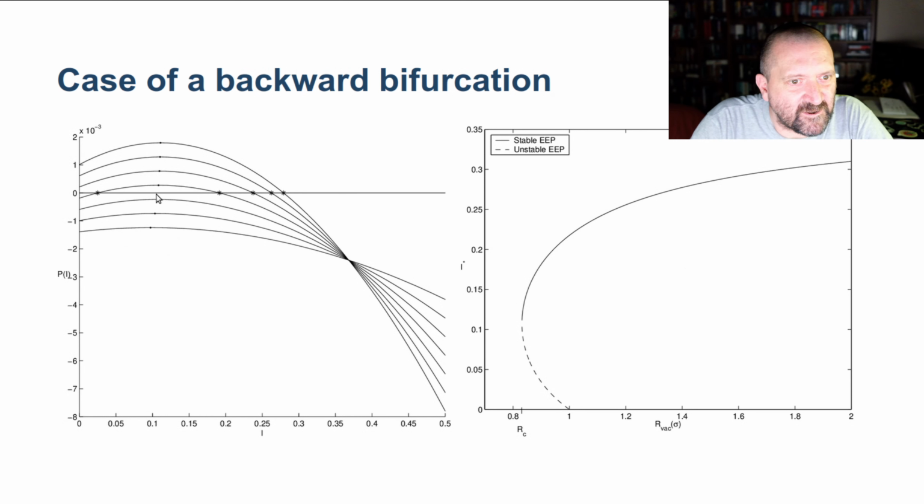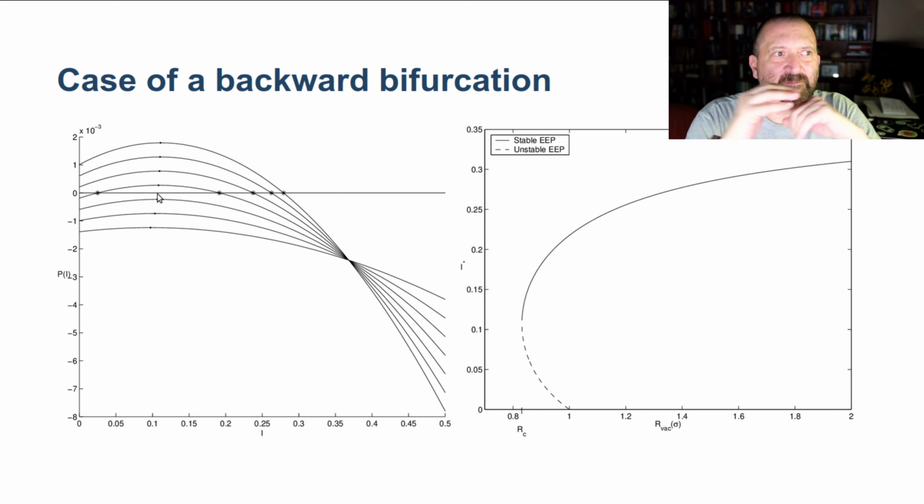Here it becomes tangent somewhere here, and then as parameters keep on changing, instead of one positive equilibrium, we find two. Here you can see this curve intersects twice, and this will happen for some time, and then afterwards, once that part gets over this axis, again I have only one equilibrium.